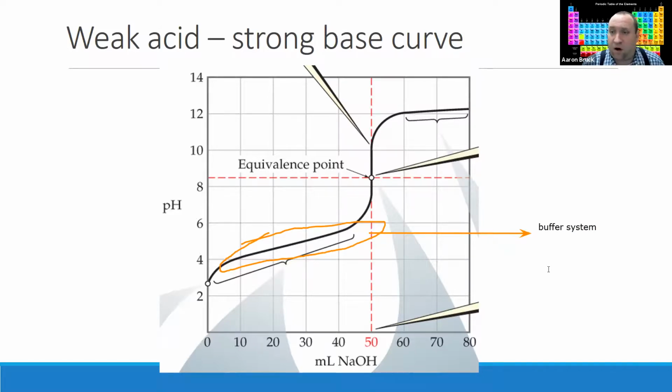But buffers are where we have this unique combination of acid and conjugate base present at the same time, and they have a resistance to pH change, but in a different way than what we saw in the strong acid, strong base. Because of this buffer system, we can see that our rapid rise region is considerably lesser.